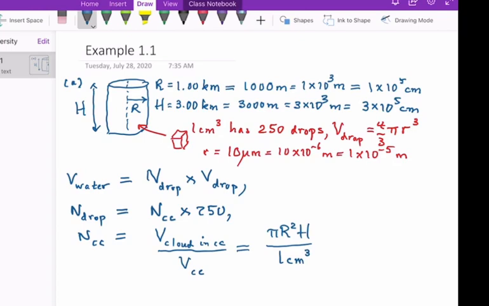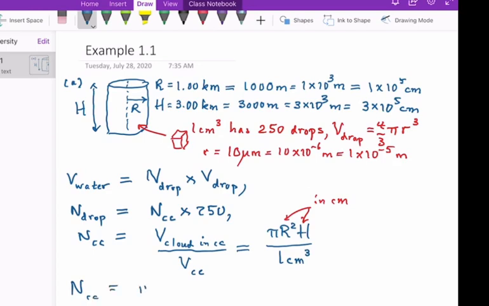Now note that when I plug in numbers for the radius, big R, and the height, big H, they need to be in centimeters, because I need the volume of the cloud in centimeters to divide by 1 cubic centimeter to get the dimensionless quantity NCC. So now let me plug in numbers.